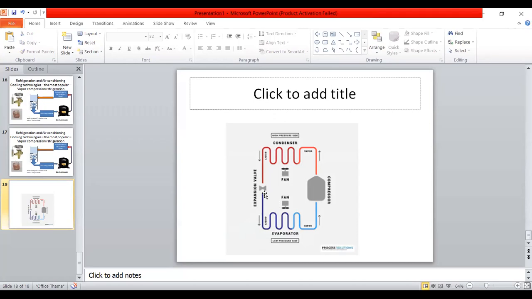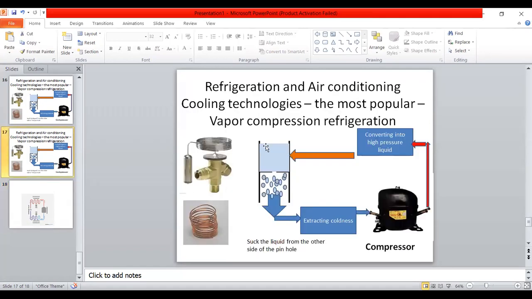So compression sucks from this side and sends the compressed gas here, and finally liquid comes here. Here it is very important to have fully liquid, because if gas is here, gas won't flash.